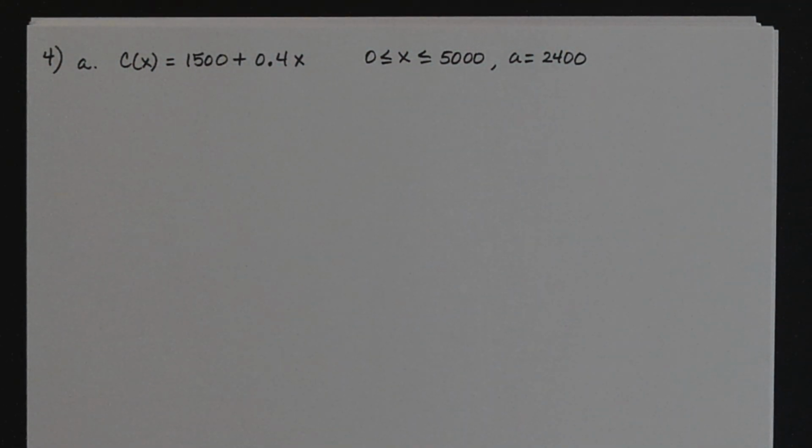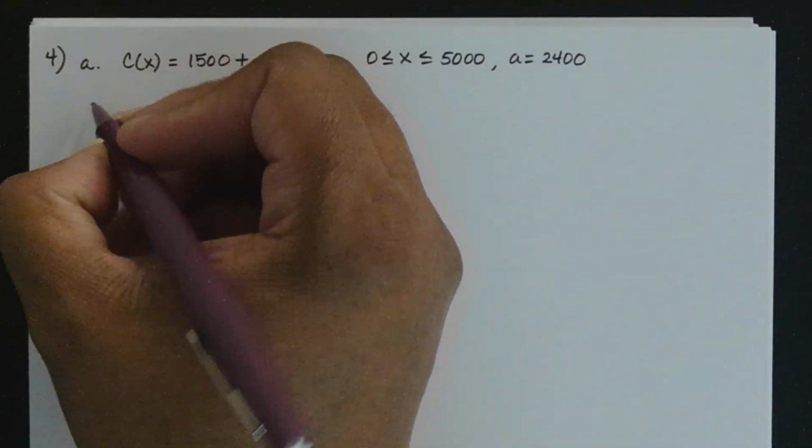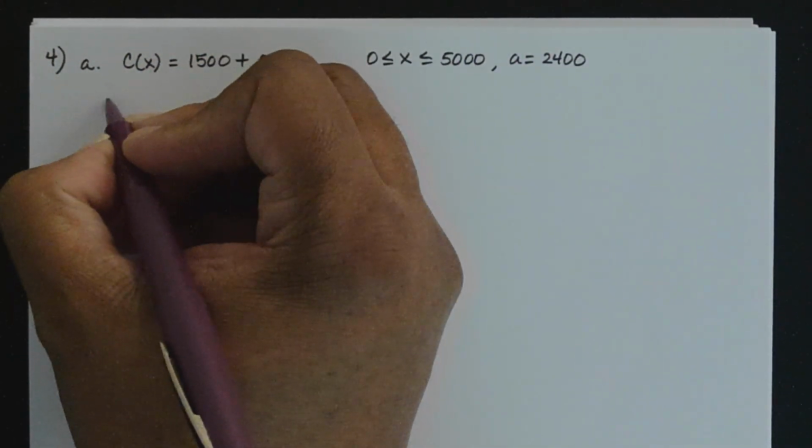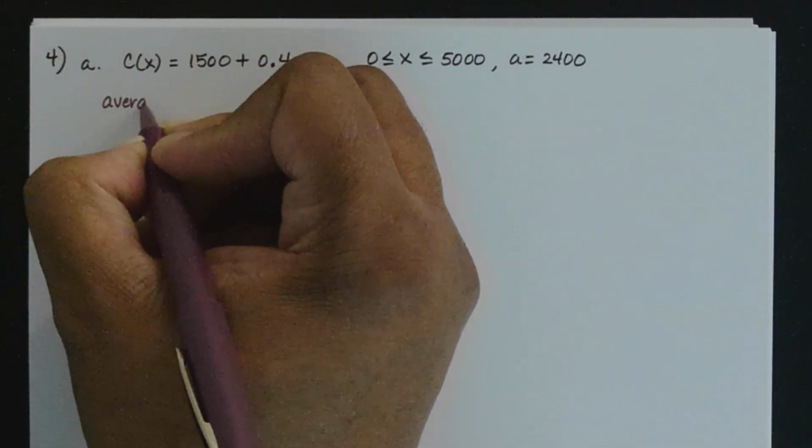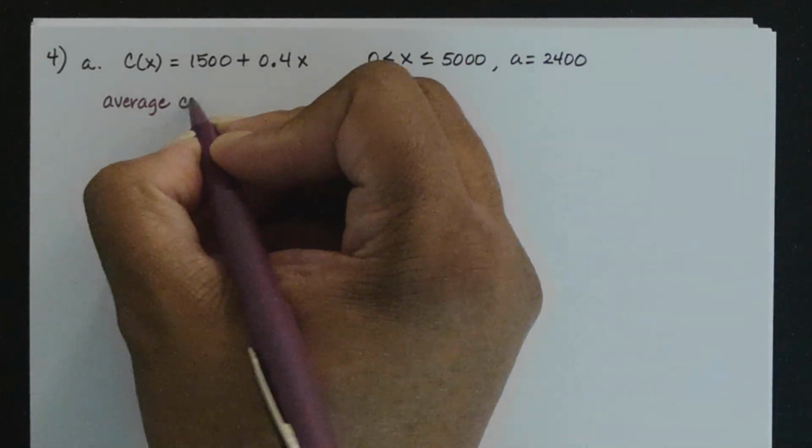So that means the average cost function is what we're trying to find.